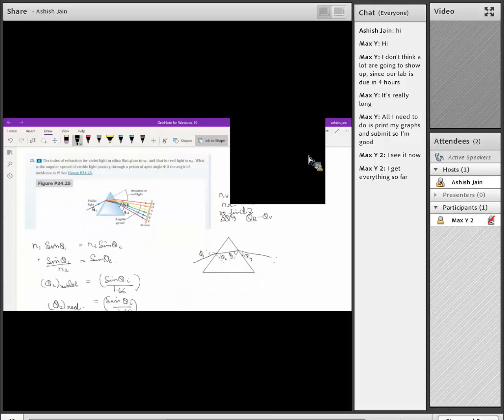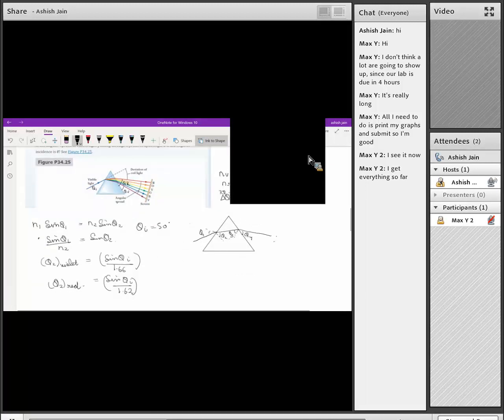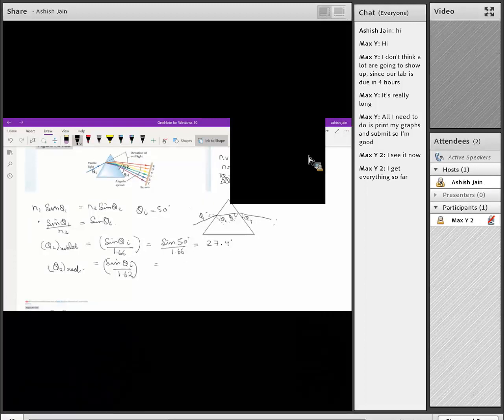So sine 50 divided by 1.66, that'll be 27.4. I calculated it before, and this will be 28.2.